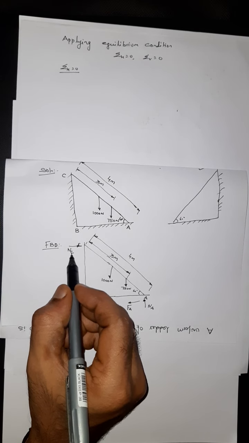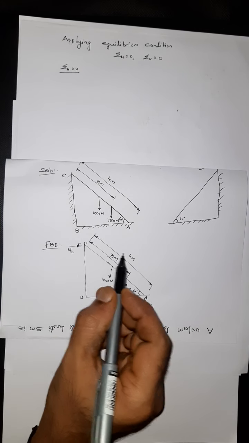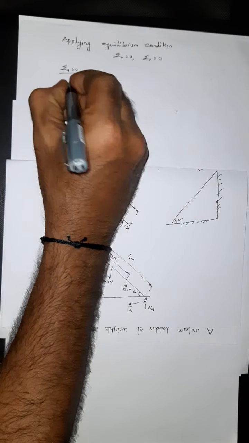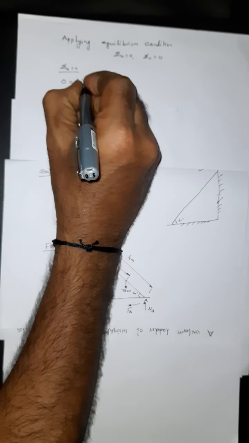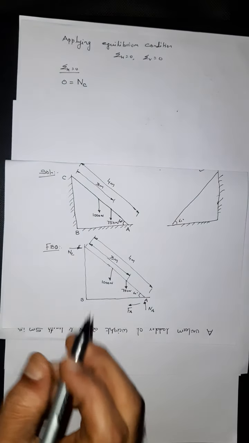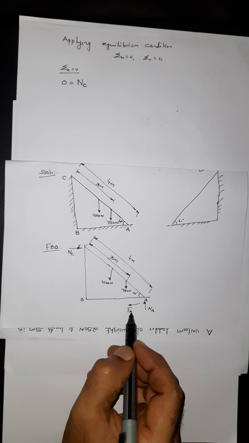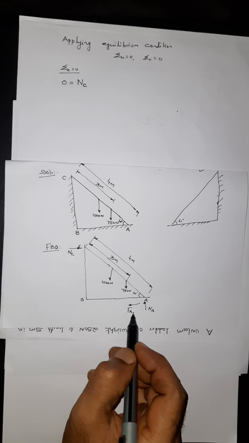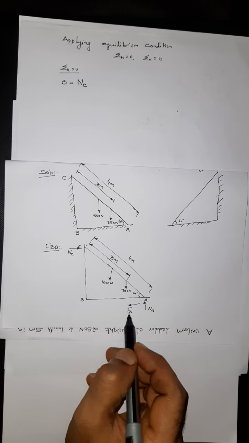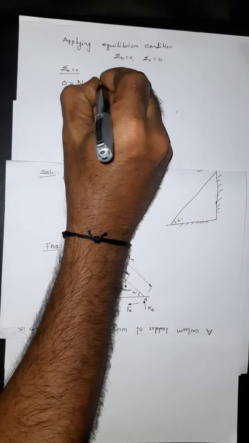The NC is acting towards the positive direction, so the sign of the NC is plus, and there is friction at point A, which is acting in the negative x direction, which is FA.